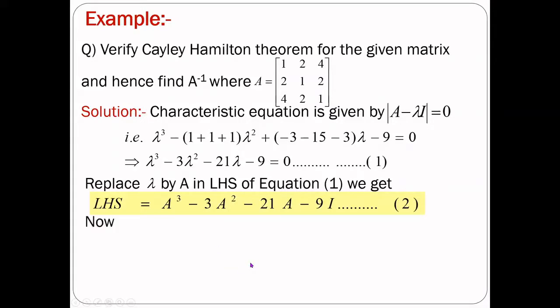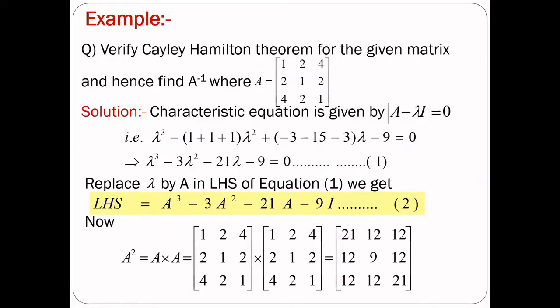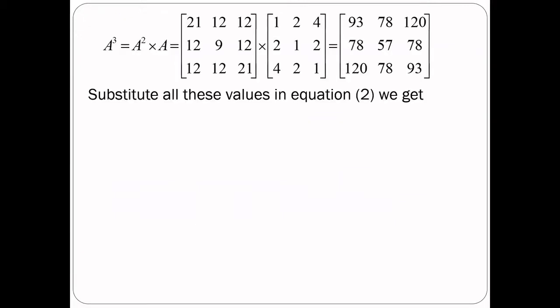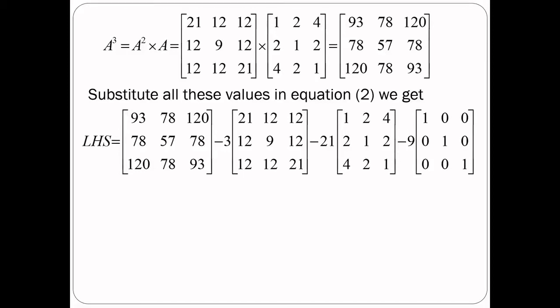So in the next step we will find A square. You can do it with the help of a calculator, no need to do it manually. Then A cube, and substitute all these values in equation number 2: A cube minus 3 into A square minus 21 into A minus 9I.